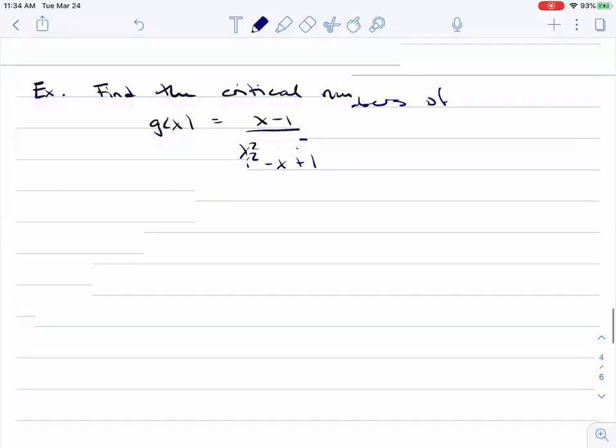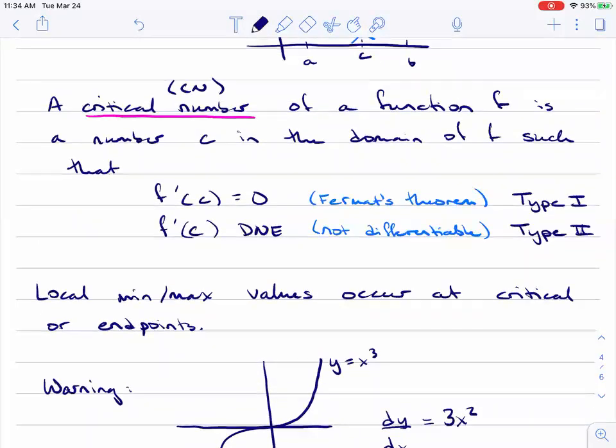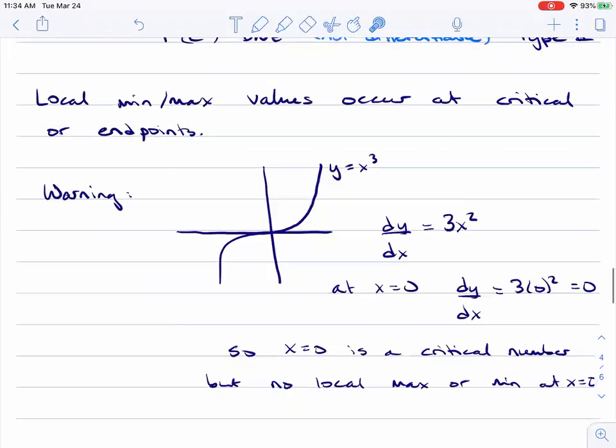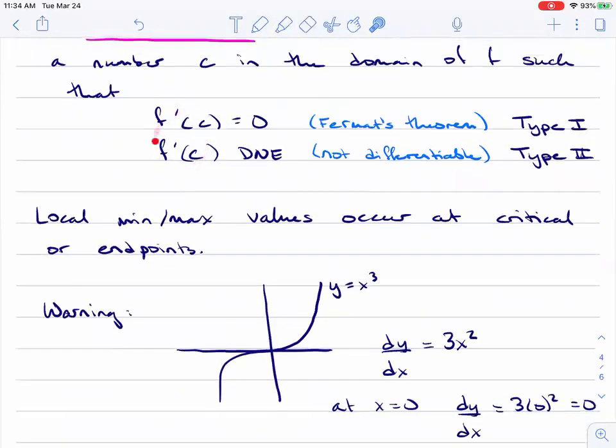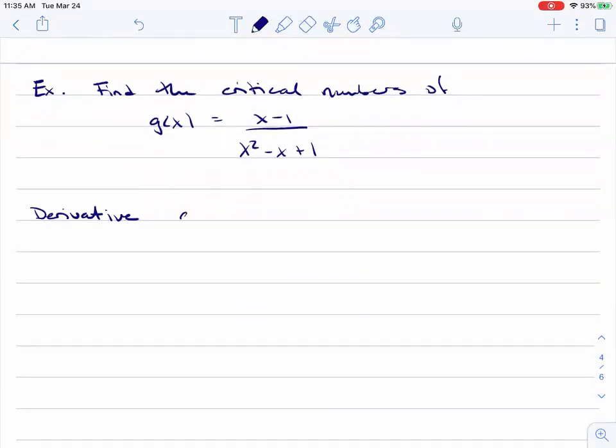So remember, the critical numbers are either when the derivative is 0 or when the derivative does not exist, so we have to check both type 1 and type 2. But first, both of them involve the derivative, so we're going to find the derivative first and then sort out the type 1, type 2 critical numbers. So first thing we have to do is find the derivative here, and we should be pretty comfortable with the quotient rule by now.